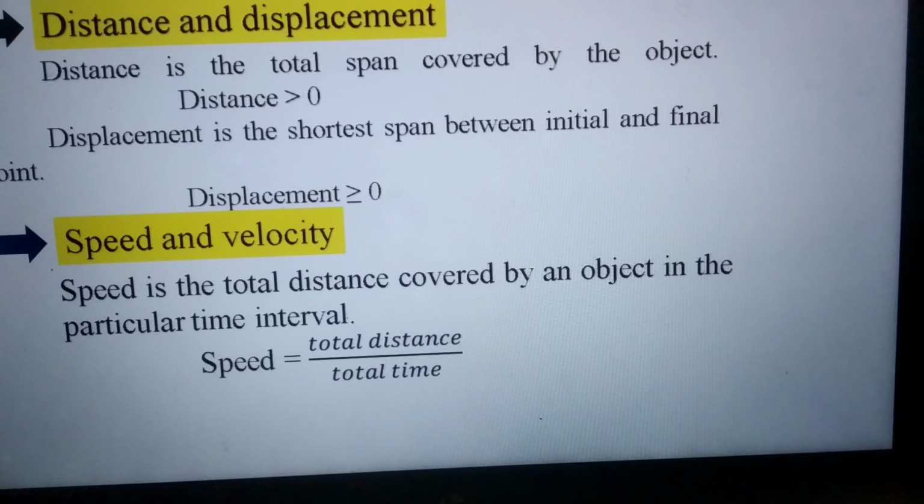Displacement is the shortest span between the initial and final point, and displacement can be positive, negative, or 0, but distance can only be positive. So this is basically the difference between distance and displacement.